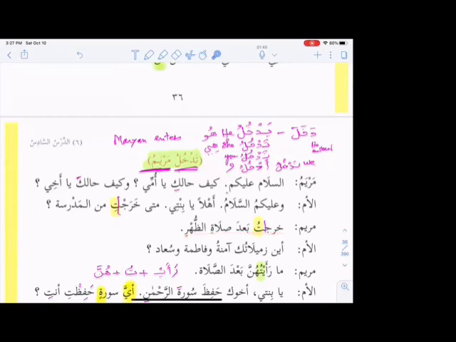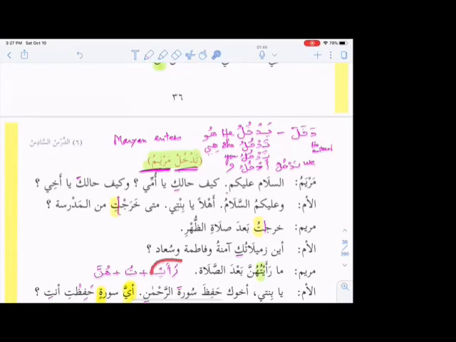Kharajtu ba'da Salatul Zuhri. Aina zamilatuki, Aminatu wa Fatimatu wa Suad? Ma raytuhunna ba'da salati. I did not see them after the salat. So ra'i, this is your verb.